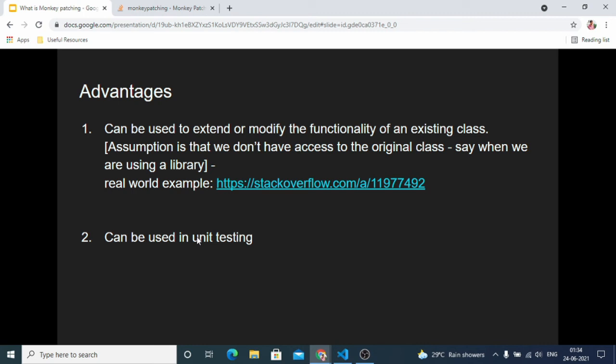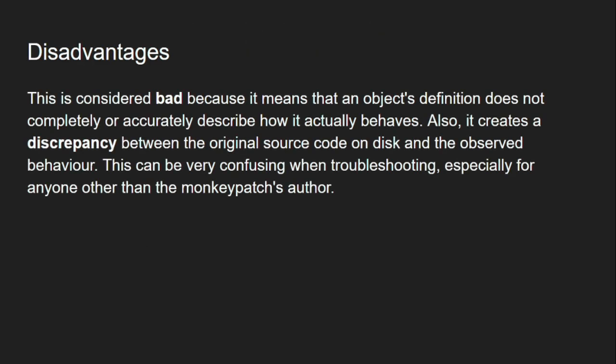I'll tell you the disadvantages, and in that case you will understand why monkey patching should be avoided in some cases. So, the disadvantage is mainly that it is considered a bad practice. Why? Imagine a situation where a developer has written monkey patched code.